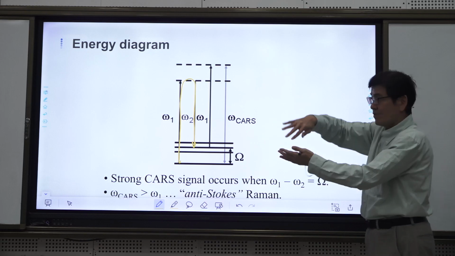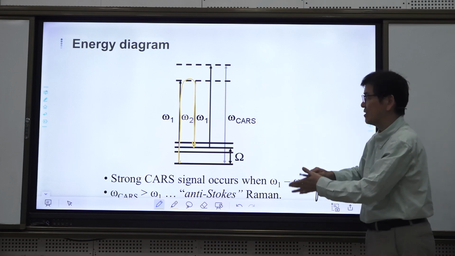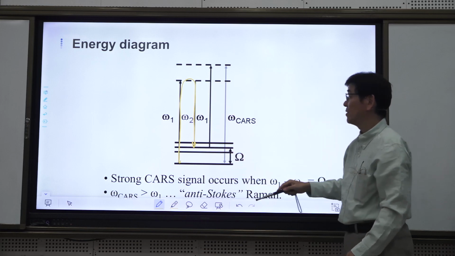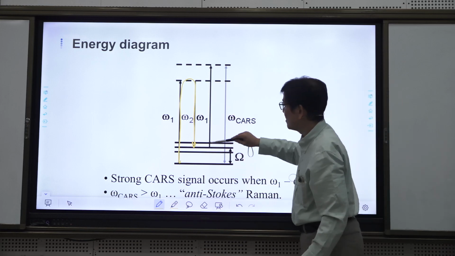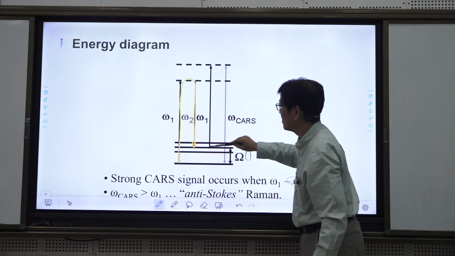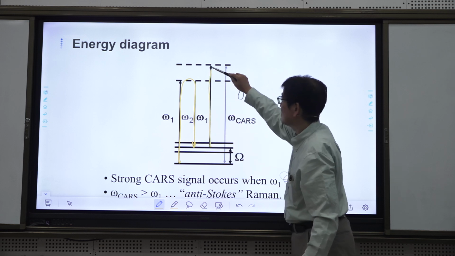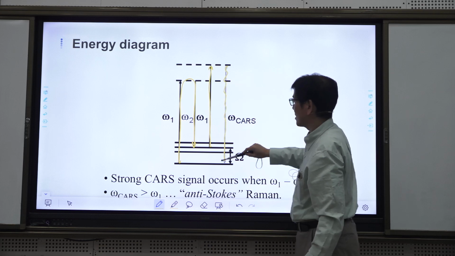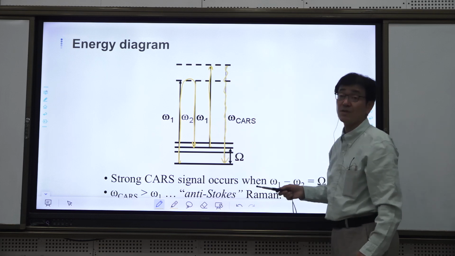If the fringe frequency matches with the vibration frequency of the molecule, then this state interacts with omega 1 and emission of the CARS signal occurs very frequently.